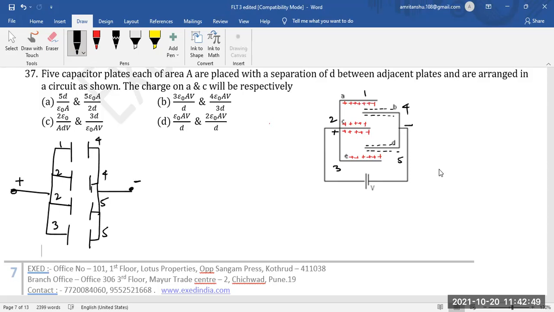So we formed over here 4 capacitors, each having a capacitance of epsilon naught A by D. So the charge on plate 1, Q1, is epsilon naught A by D into V, and the charge on plate fourth. Which one are we supposed to ask?